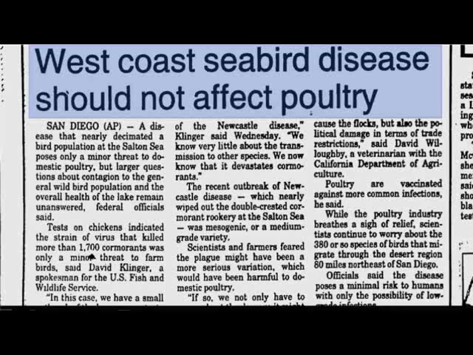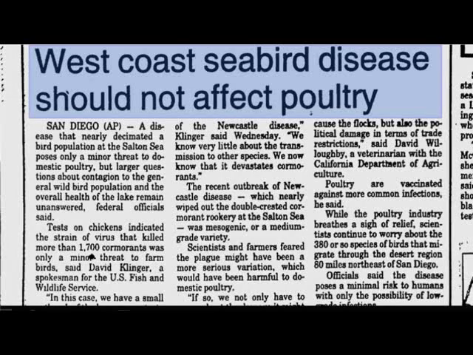This is just a snippet that I pulled from a newspaper article, but it's not in Trinidad. It's from 1997, I think. It was a nice short article to show how they had a die-off of some cormorants, and they were wondering if it would affect the poultry in the area.